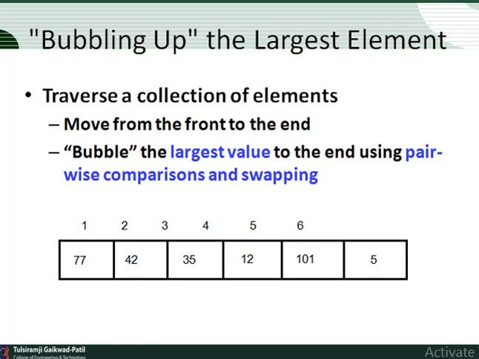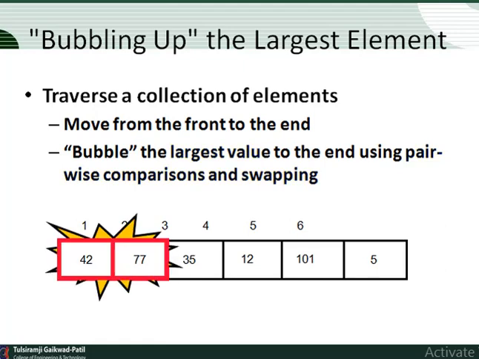We take this particular example where 77, 42, 35, 12, 101 and 5 are there. Bubble the largest value to the end using pairwise comparison and swapping. A particular pair may act as a bubble, like 42 and 77 we are now comparing.